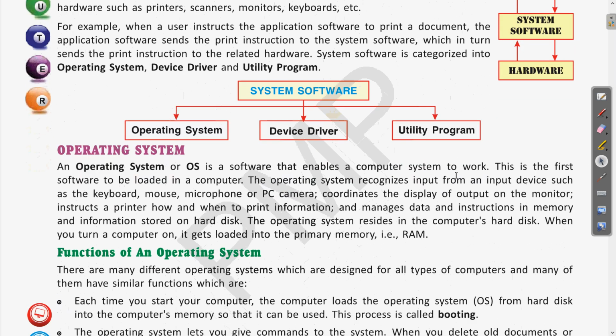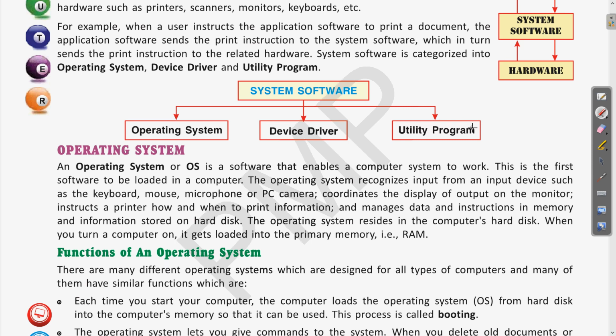Operating system is the system software which enables the computer to do some work. Clear? It is the first software which is installed on the computer. For example, the Windows operating system. When you purchase any hardware, that is the computer, we need an operating system.